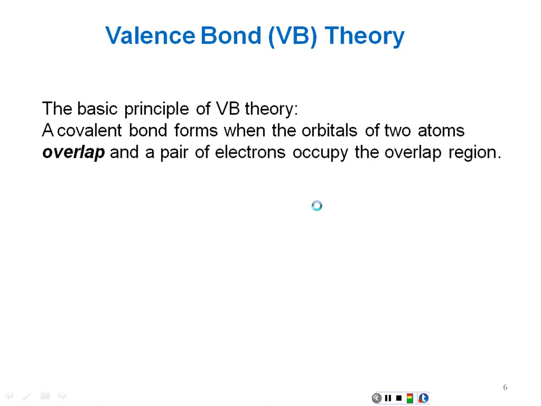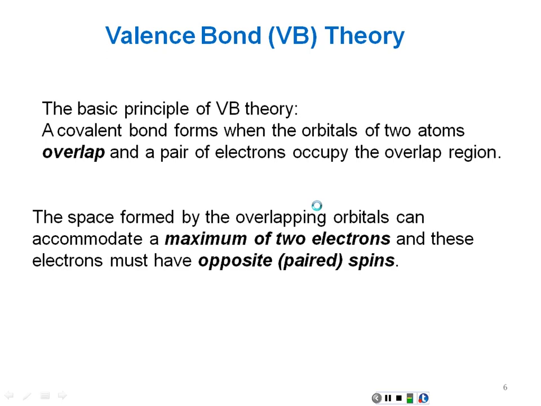of covalent bonding, and specifically what valence bond theory states is a covalent bond forms when orbitals of two atoms overlap and a pair of electrons occupy this overlapping region.